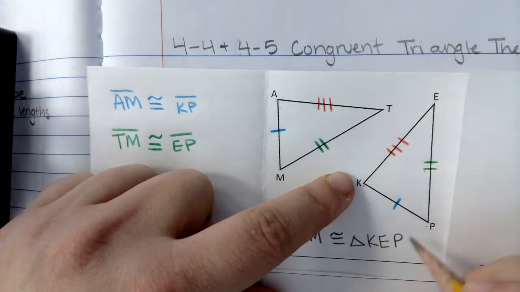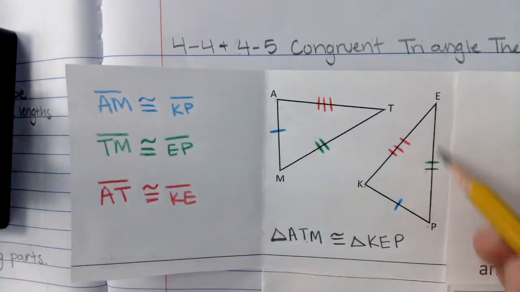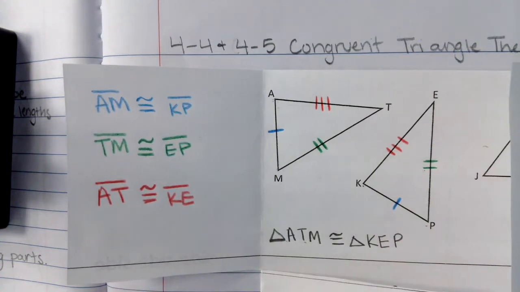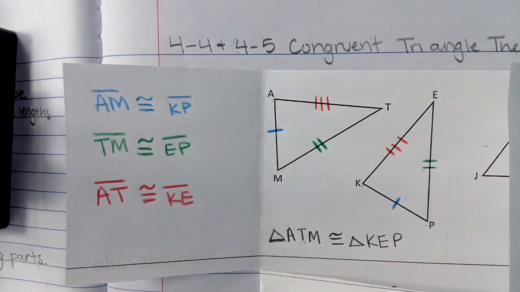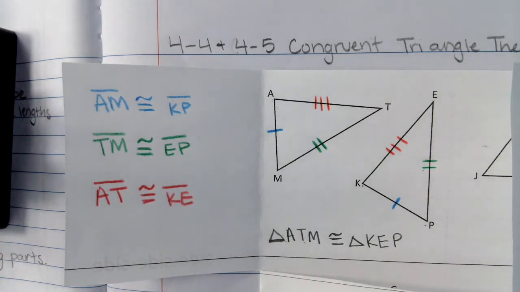All right, now in math people are very genius about how they name things. This was called side, side, side. Because how many sides are we doing? 3. Now, the way we abbreviate this is even more mind-blowing.